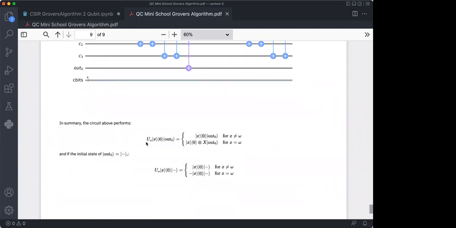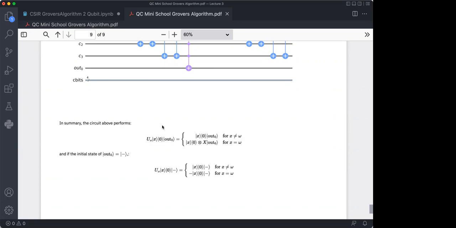In summary, the action of this oracle is that it does nothing if X is not a solution to the Sudoku, and it'll apply X to the out 0 state if X is a solution to the Sudoku. And of course, we've already set out 0 to be the minus state. So this is what the action of the oracle looks like on our 3 registers.